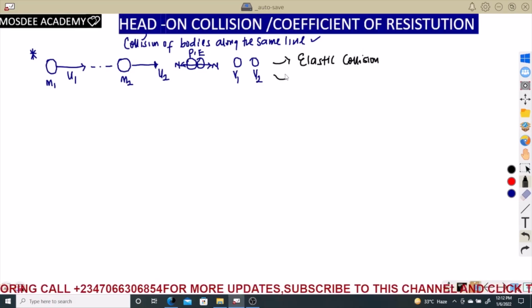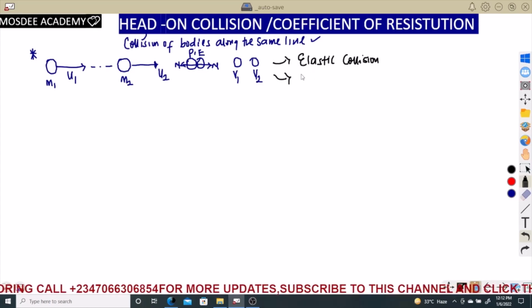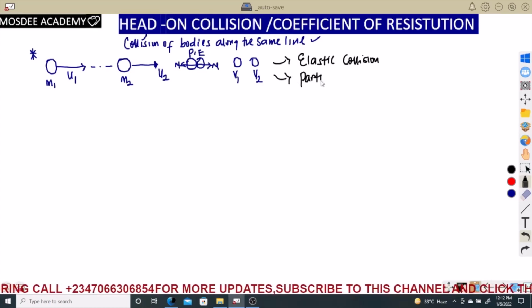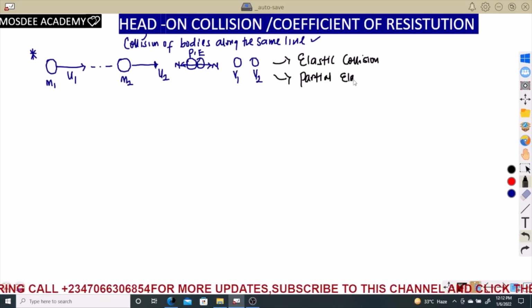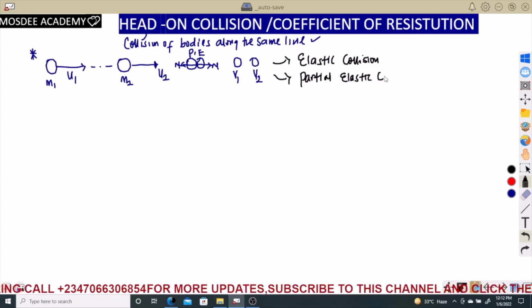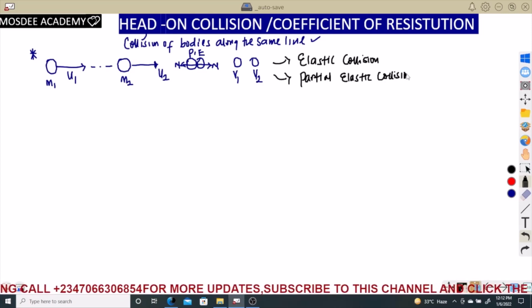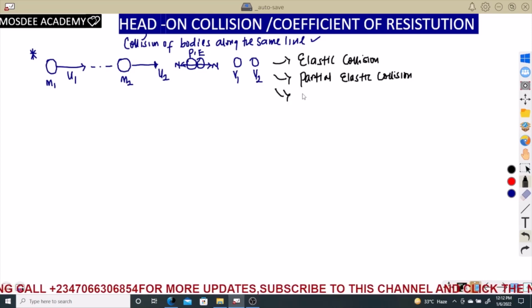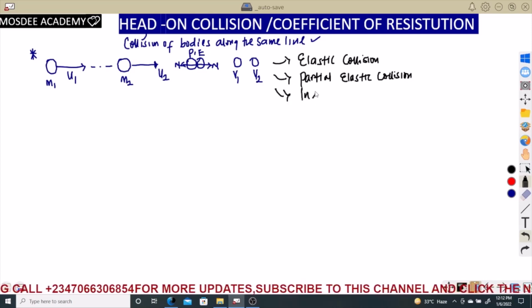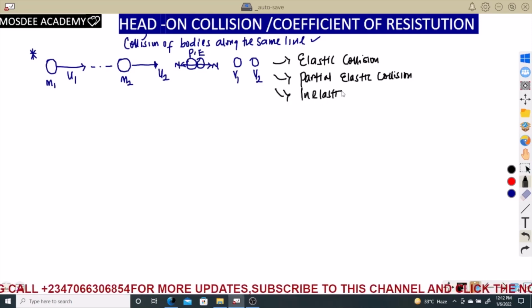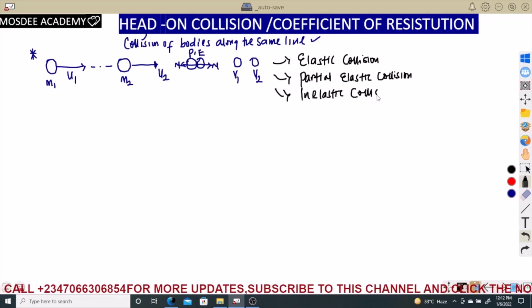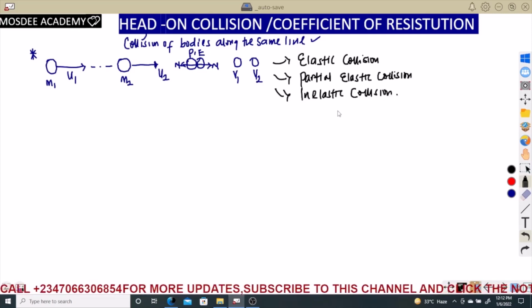The second we call partial elastic collision. And the third we call inelastic collision, which I believe in your junior classes you might also have studied, and if not, you just need to listen as I take you through this.